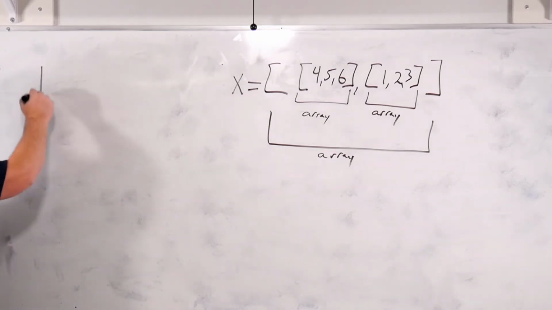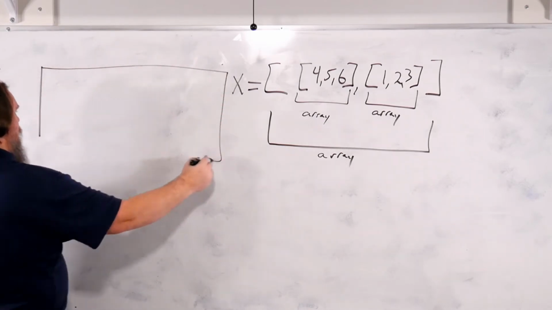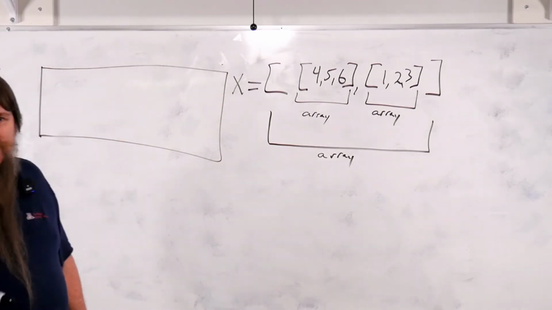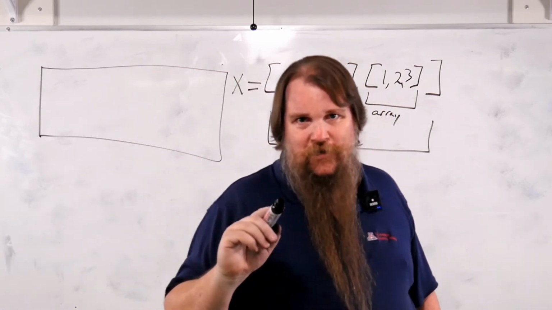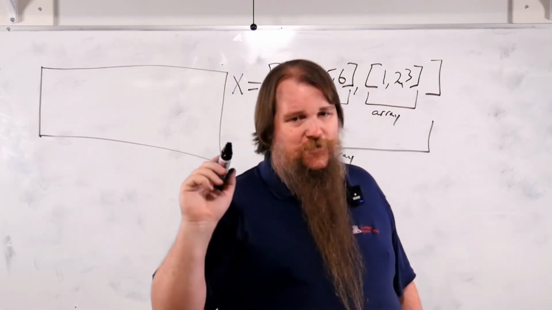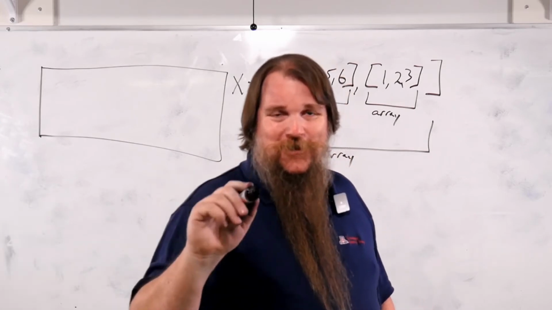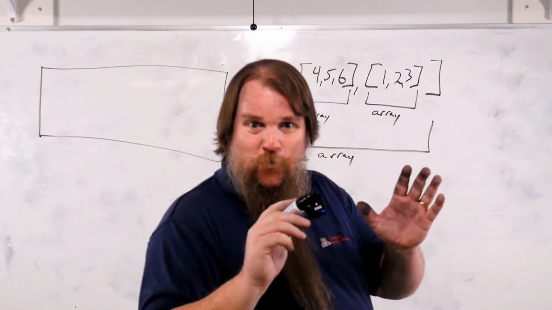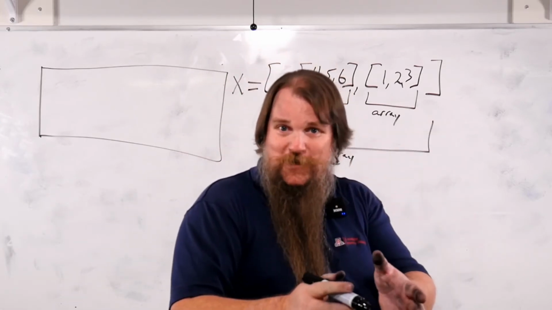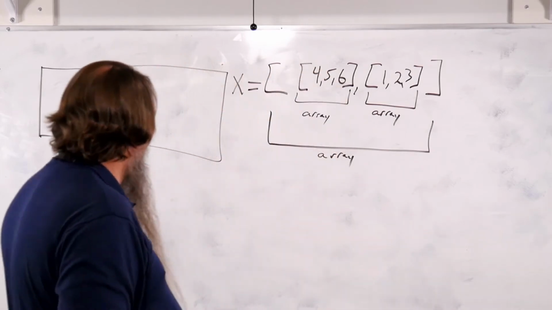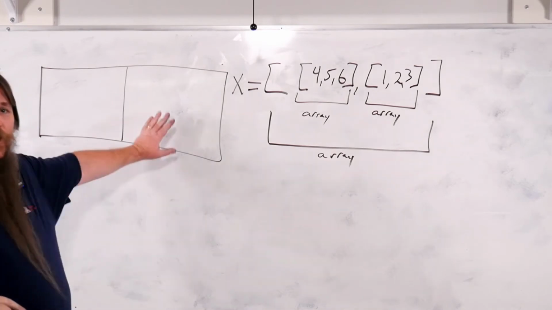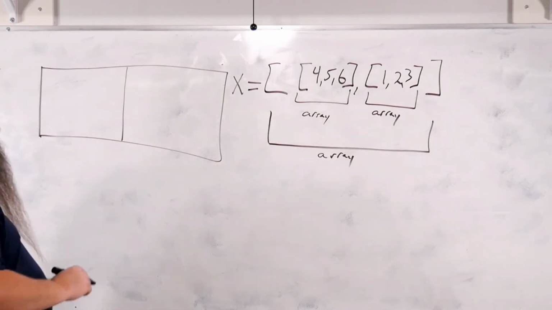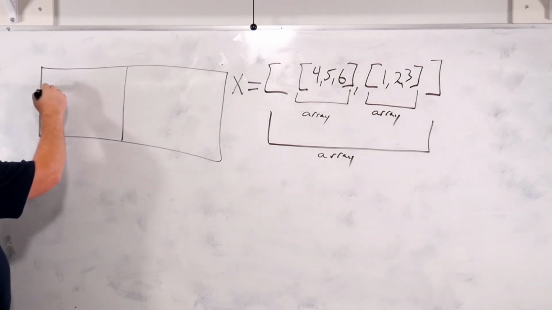When we draw the picture of this, the picture I'm about to draw is not remotely true to what's actually happening in memory, but I can't draw the true picture until we start talking about references, which is what we'll talk about right at the beginning of this semester, after the review. But I'm going to draw this picture, and I apologize that it's wrong. But let's imagine that it's like this.